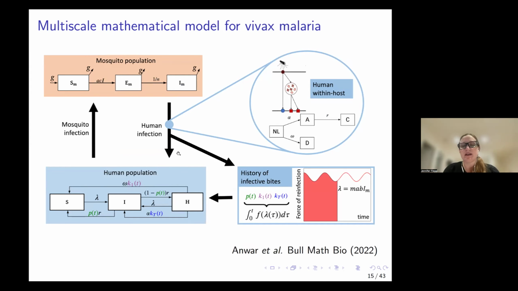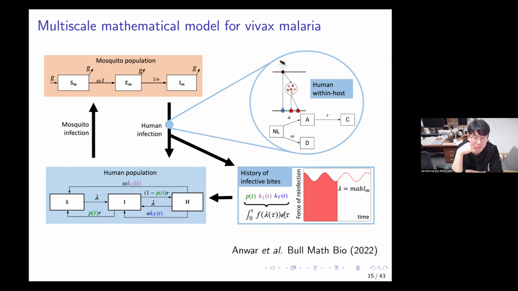And the way that we do that is that we track the force of reinfection. That's the infective bites that are happening over time since the start of your simulation up until the current time. So some of the time-dependent parameters in the population level model involve integrals over time, since the start of time, of the force of reinfection. So that's the infective bites.